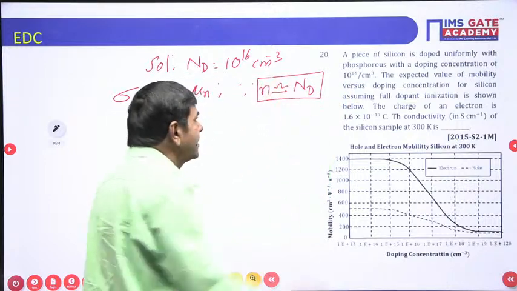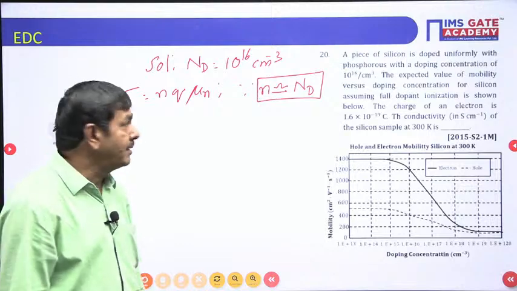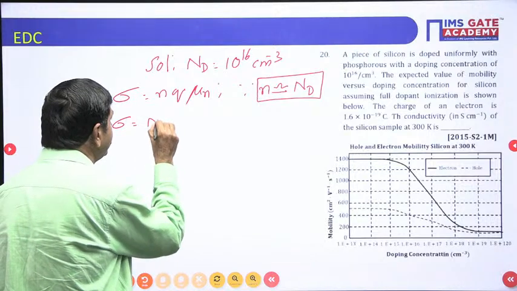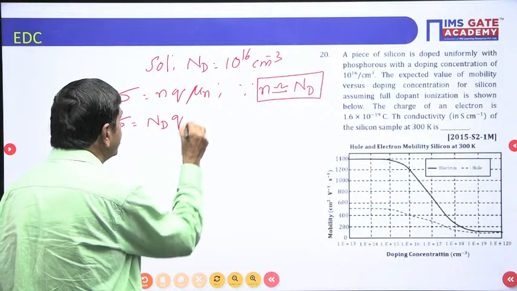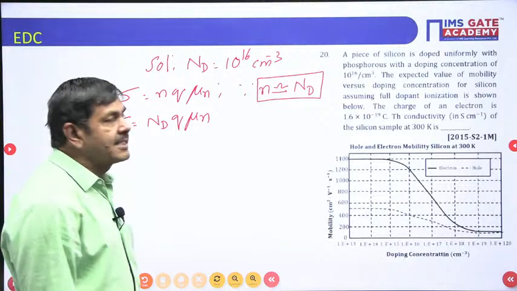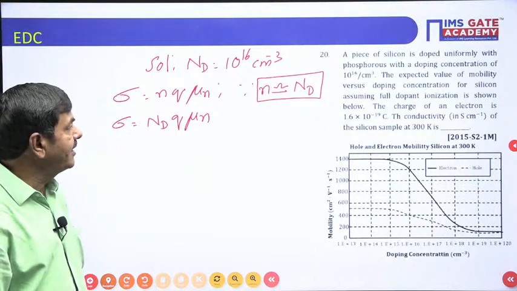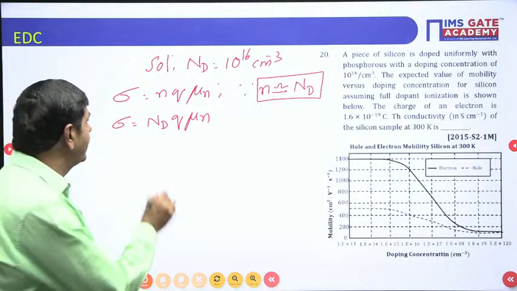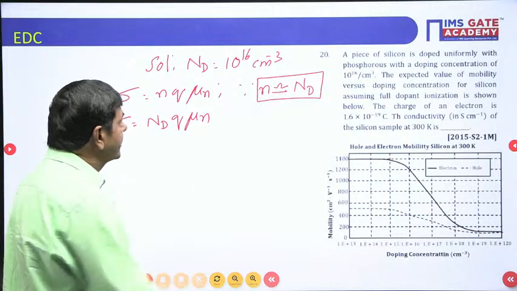So I can write conductivity as Nd into q into mu n. But in this problem, mobility is not given. By finding this mobility, you can get the required value. We know Nd and q; mu n is required.